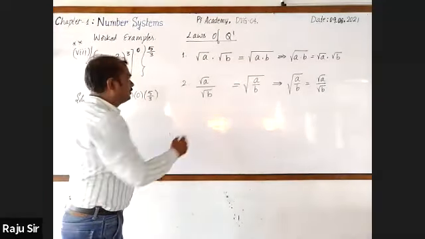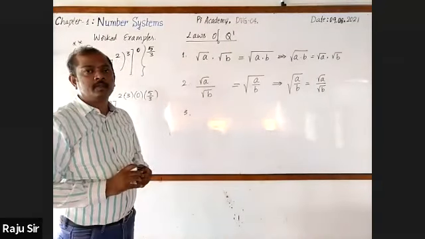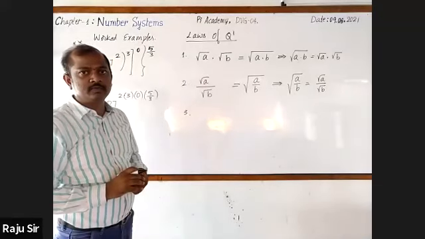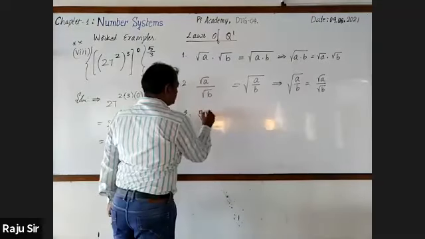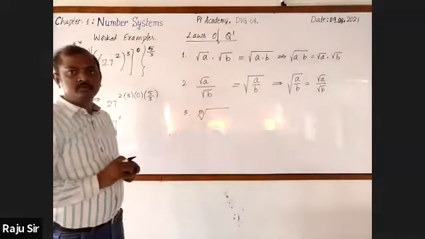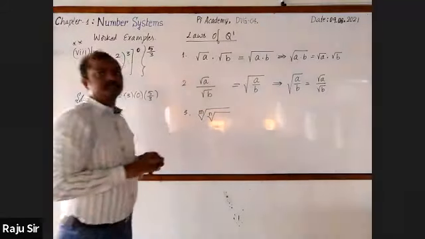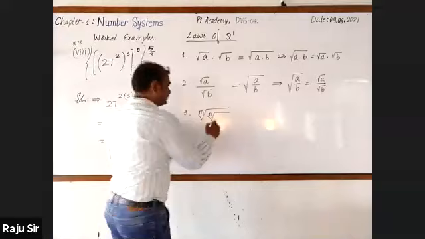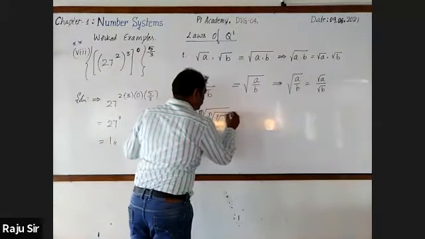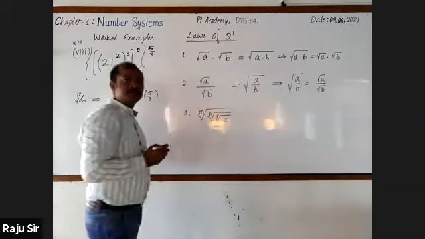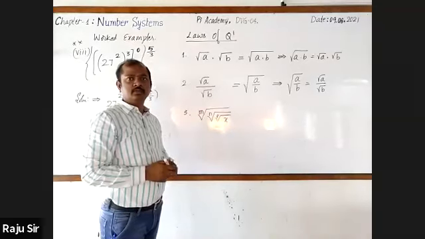Look at it. Now, let me write the third one, and please go on writing with me also. Suppose a root, and inside that another root, with x inside. See that two roots are inside another root.